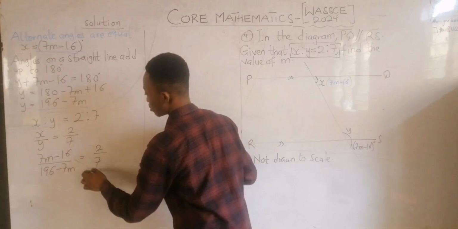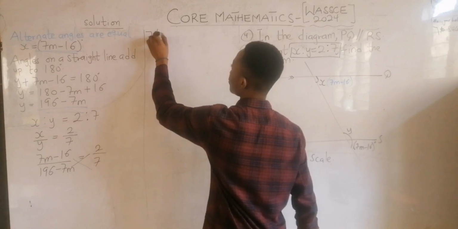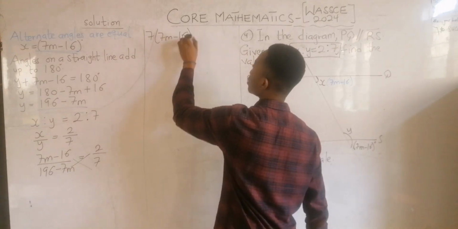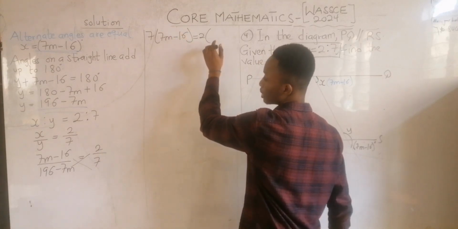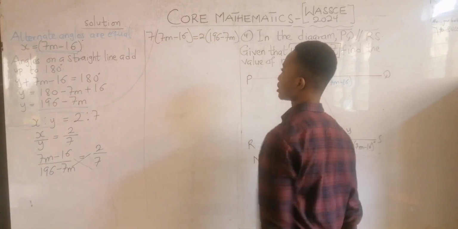So we cross multiply. We have 7 bracket 7m minus 16 is equal to 2 bracket 196 minus 7m.